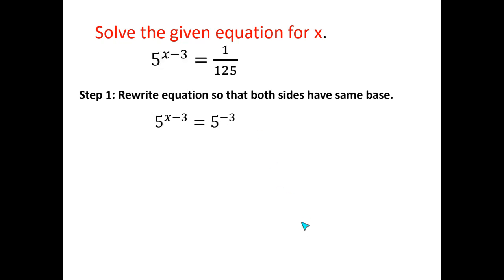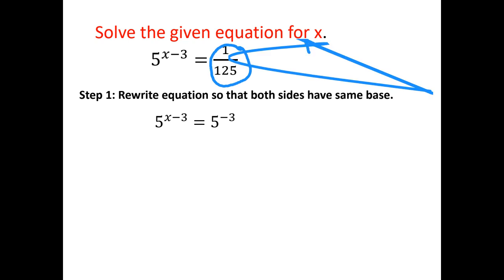So here we have 5 to the x minus 3 is equal to 1 over 125. As we can see on the left side, our base is 5, and on the right side, we have 1 over 125. So they do not look the same. However, we can try to make it the same. So let me just use my pencil really quick. This number here, I can actually write it as 1 divided by 5 cubed.